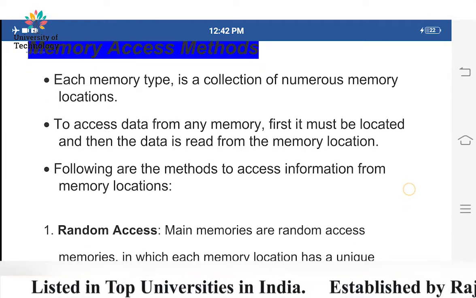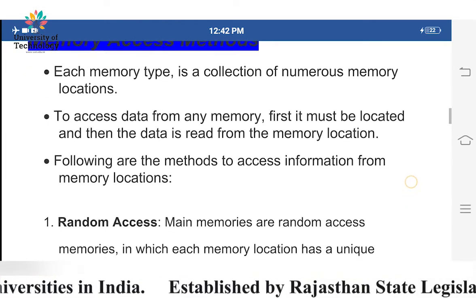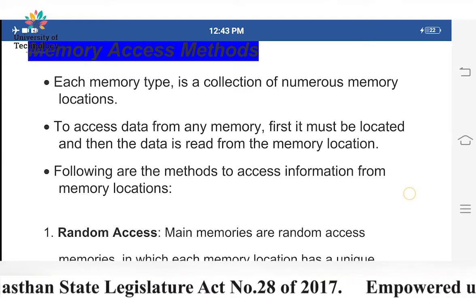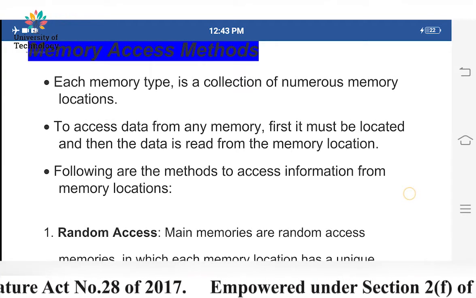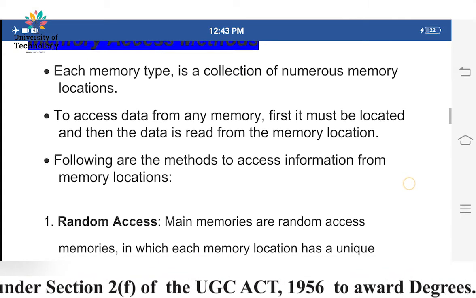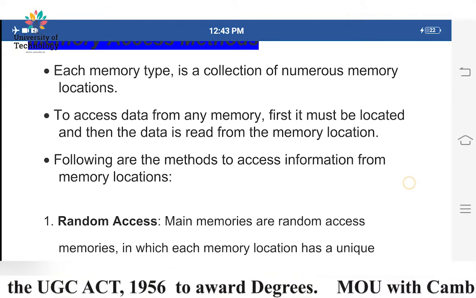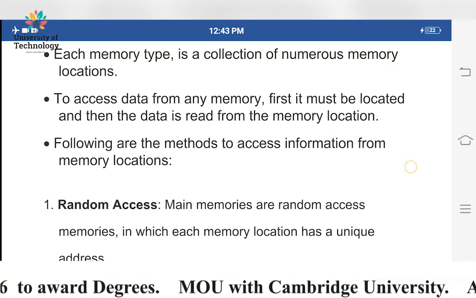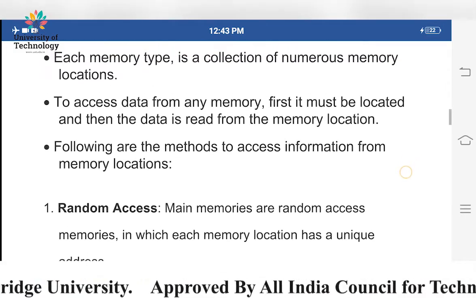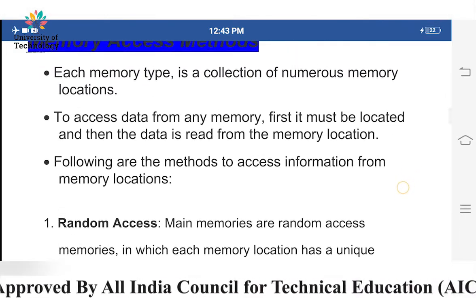Since each memory type is a collection of numerous memory locations, different types of memory locations can be termed memory types. Now, in order to access data from memory, it must first be located and then read. Suppose you want to access some data from a memory location.